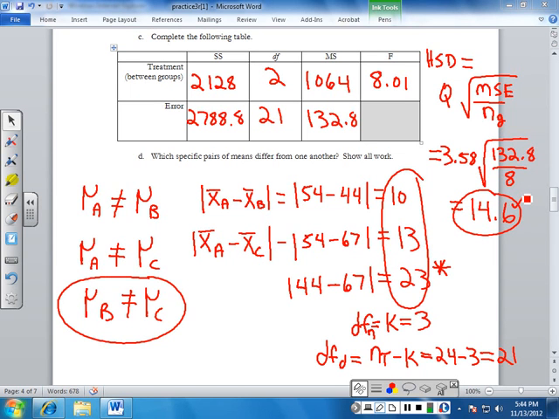How do you calculate that first column again? This column right here? Product of those two. If you look a little bit back in your notes, if you look at the numerator, when we calculated mean square treatment, that would have been 2128.